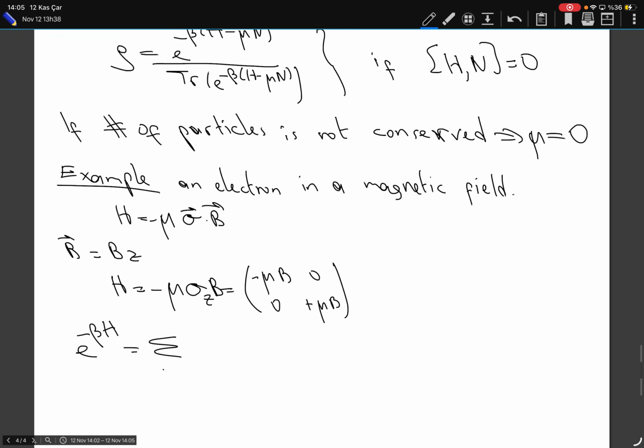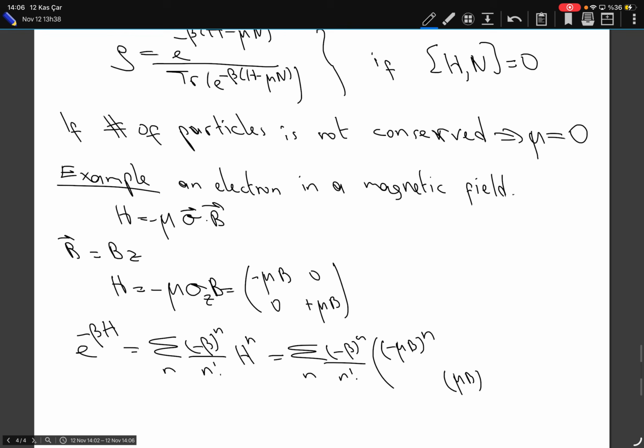This is the sum over n of minus beta raised to the power n divided by n factorial, times H to the power n. Well, the Hamiltonian itself is diagonal, so its powers are kind of trivial to evaluate: minus mu B raised to the power n, and plus mu B raised to the power n.